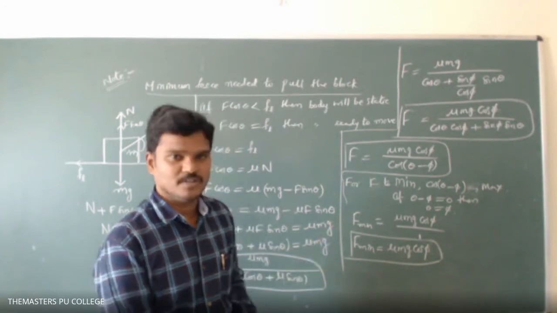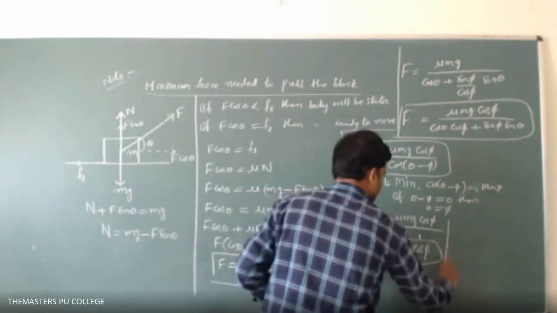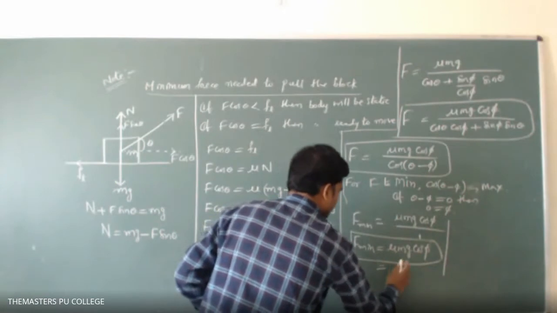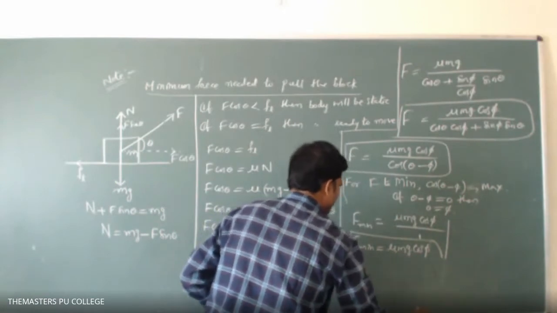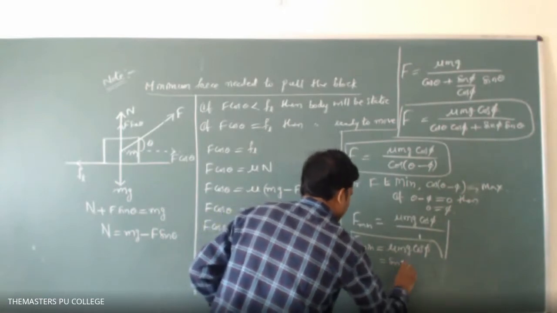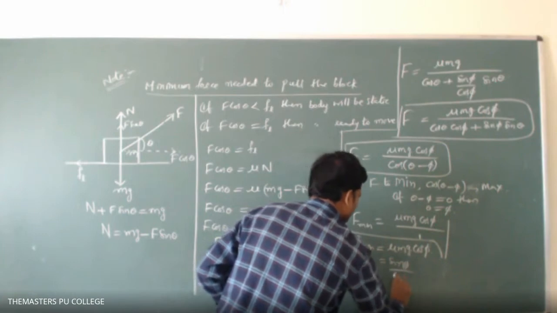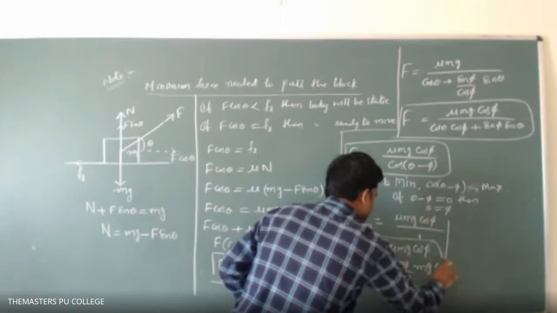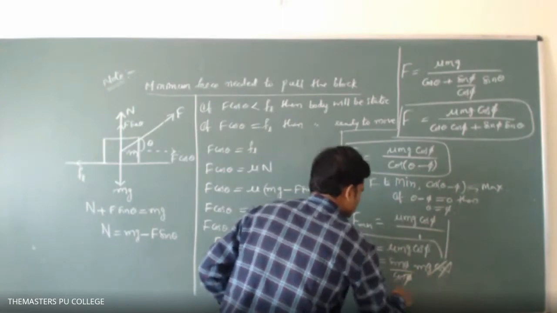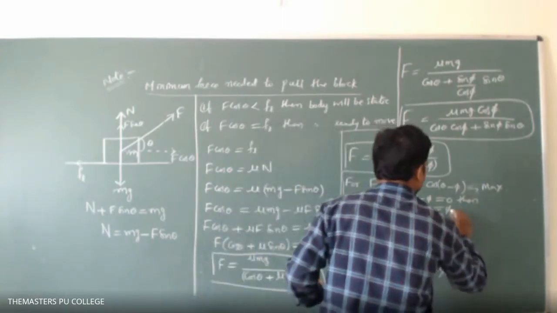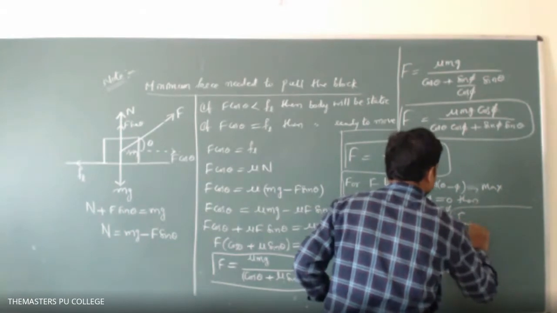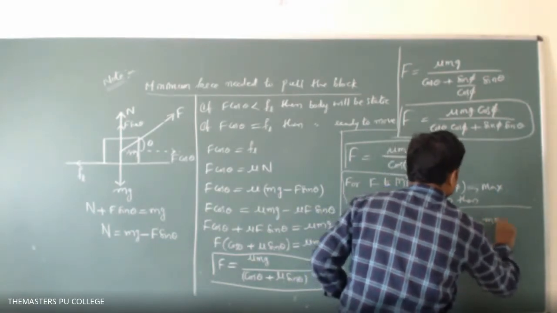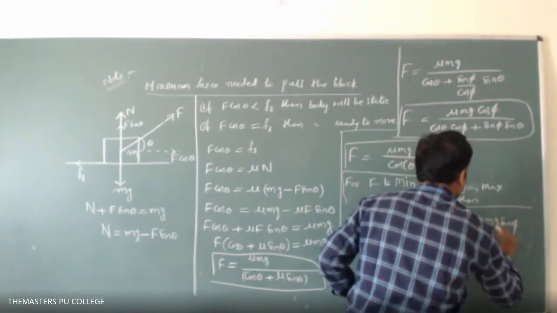One more formula is possible. Let me write here. If you write mu as sin phi by cos phi, then mg cos phi, cos phi cancelled. What is the one more answer now? F minimum is mg sin phi.